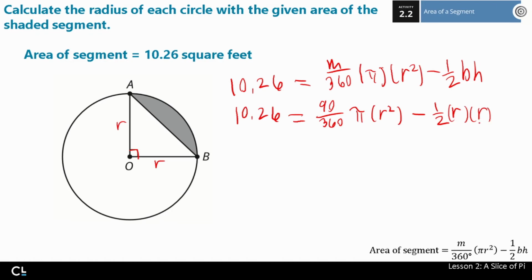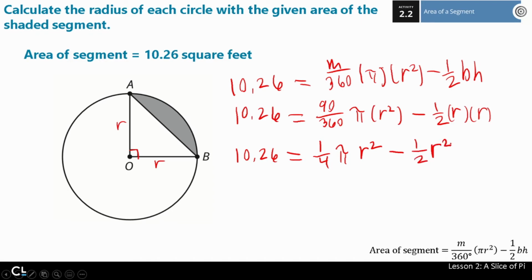So they're equal, and we could simplify those and rewrite that as r squared. But we can also simplify some other things. So we're going to get 10.26 equals 1/4 pi r squared minus 1/2 r squared.